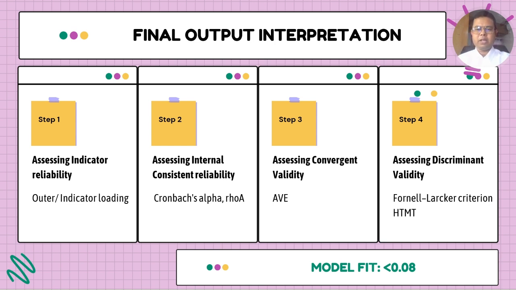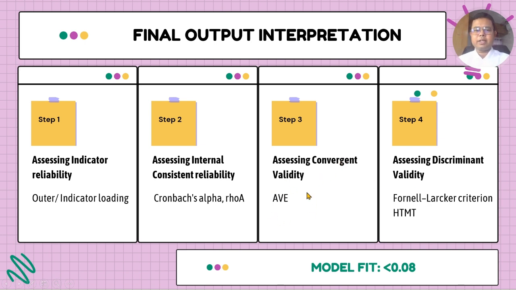Then we checked the consistency reliability, which was checked by the value of Cronbach's alpha and rho_A, and it can be divided into two ways. The most important is the CR value. Both should be higher than 70%, I mean 0.7, right?